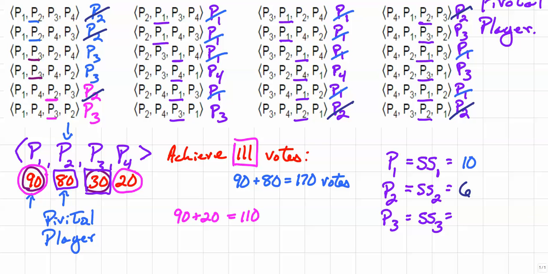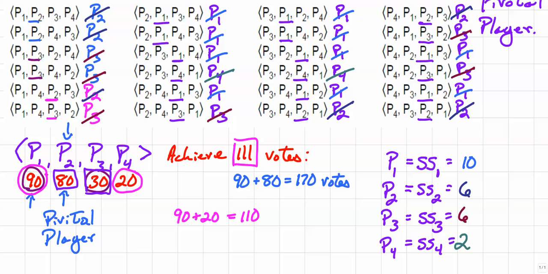And that will be equal to the following. 1, 2, 3, 4, 5, 6 also. And then finally we come to p sub 4, which will be equal to SS sub 4, and that will be equal to the following. Let's see, 1, 2, and that's it. So there are our numbers.